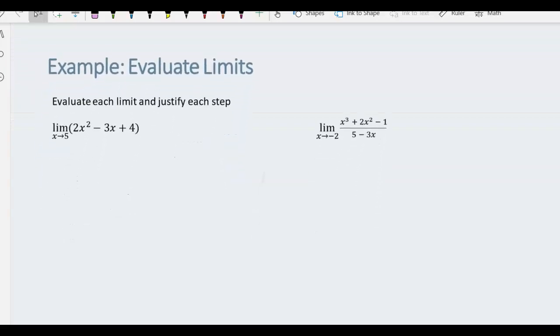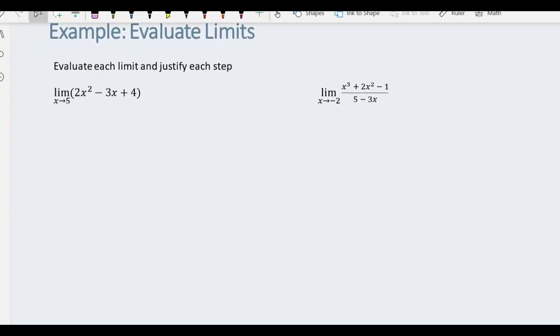All right, here's two examples. We want to evaluate the limit of each of these, and we're going to write down what particular laws we're using to evaluate. So for the first example, we have a polynomial, and we know that the sum and difference laws will allow us to split this up into separate components.